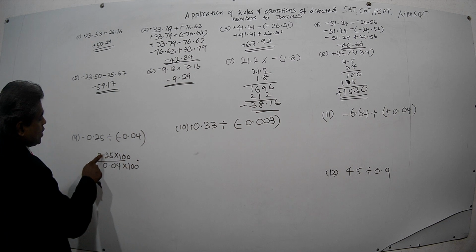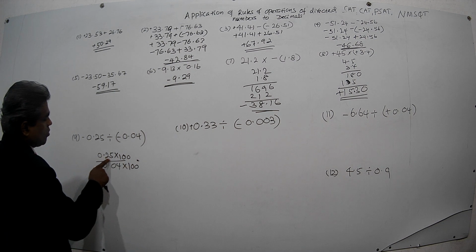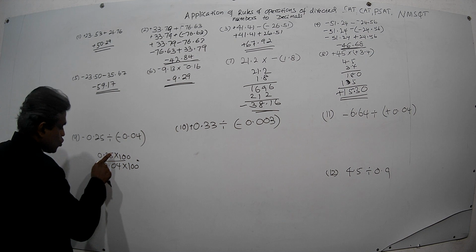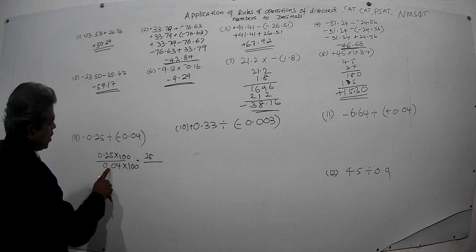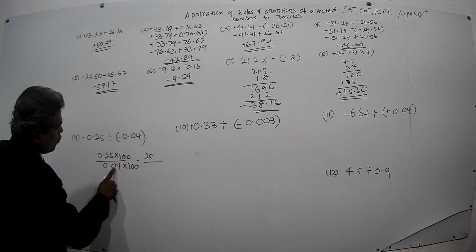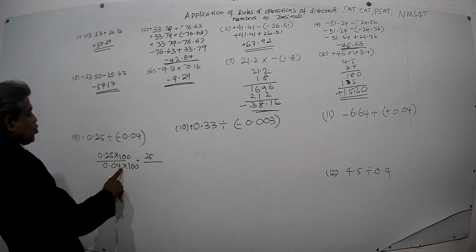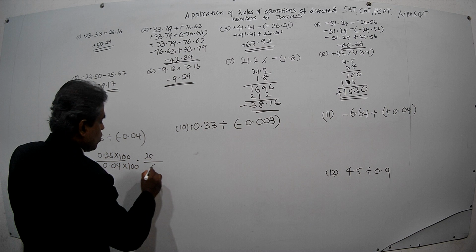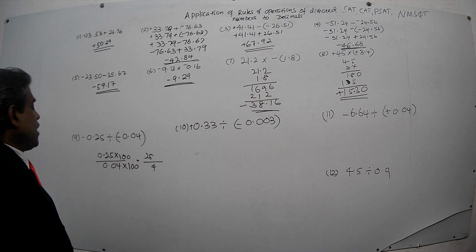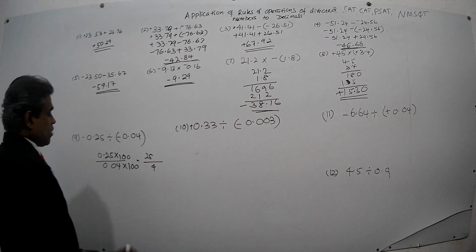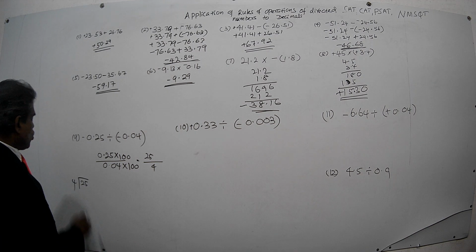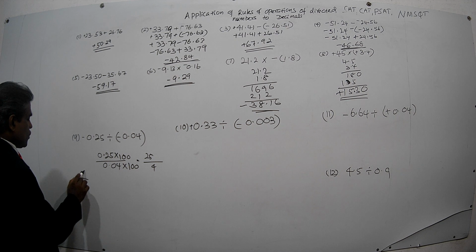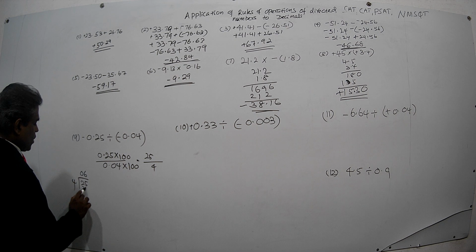If you multiply this by 100, the decimal point goes rightward by 2 digits, then it will be 25. Then this decimal point also moves rightward by 2 digits, then it will be 4. Then we will divide 25 by 4. 4 times 6 is 24.